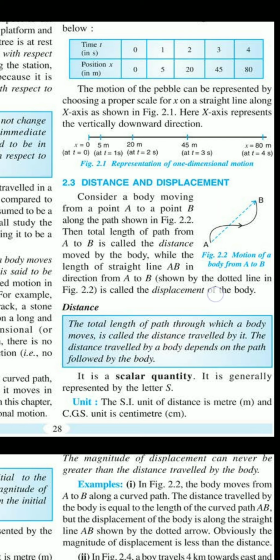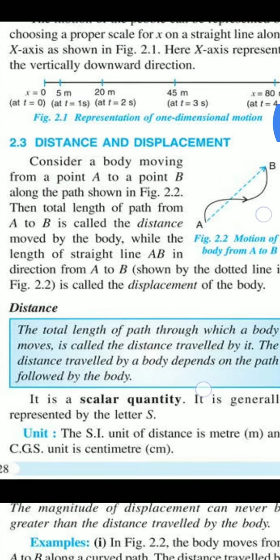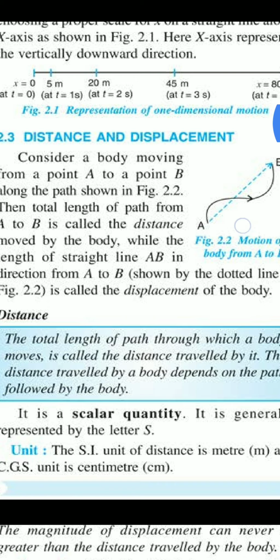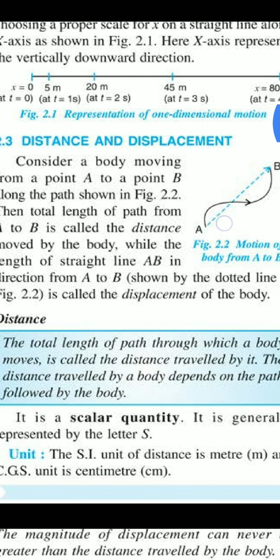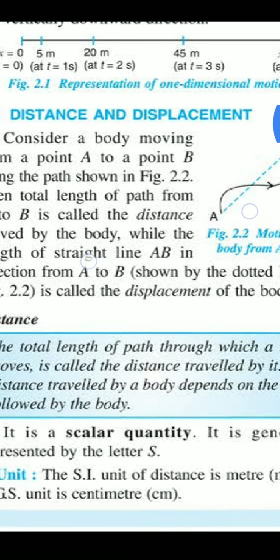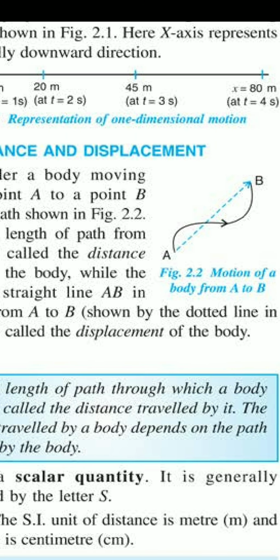Along the path that is shown with the help of this arrow. The arrow is showing you the path, the black curve that was taken by the body to move from A to B.